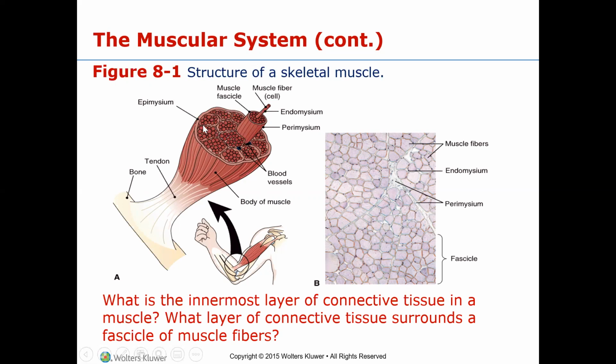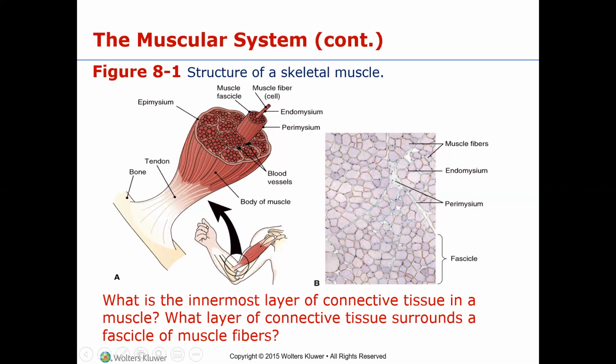And those bundled together are covered by what we call the epimysium. All of that makes up the body of the muscle, and the epimysium is then continuous down to the tendon, which attaches to the bone.